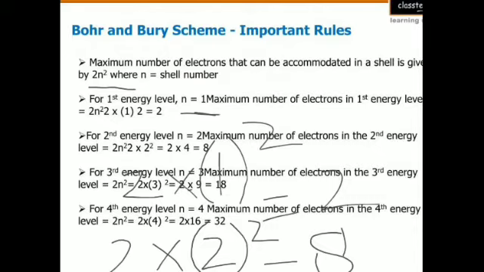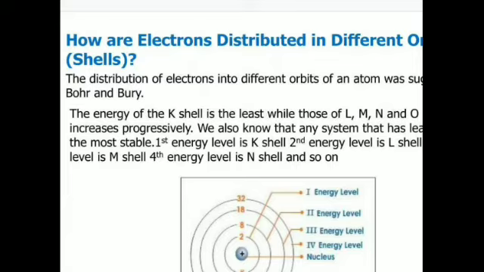And for the outermost shell of an atom, according to this scheme, more than 8 electrons cannot be accommodated, even if it has the capacity to accommodate more electrons. So these are the different energy levels: first, second, third, fourth, and so on.